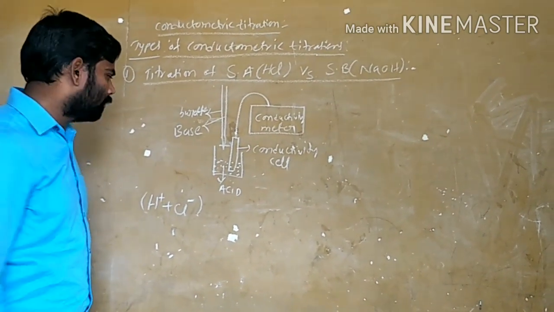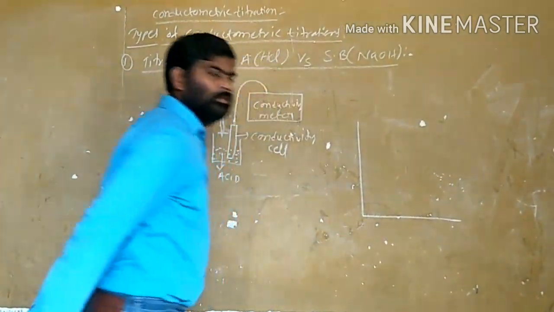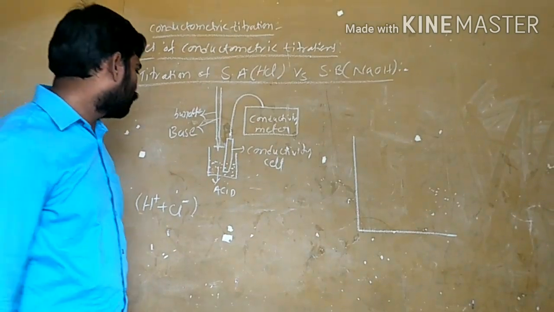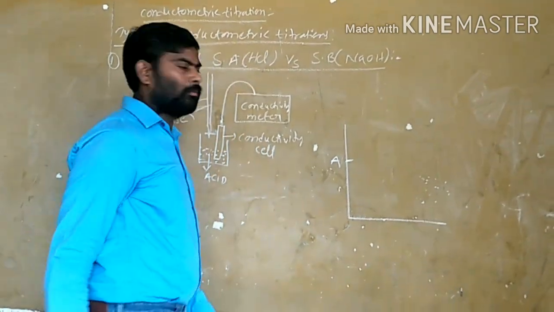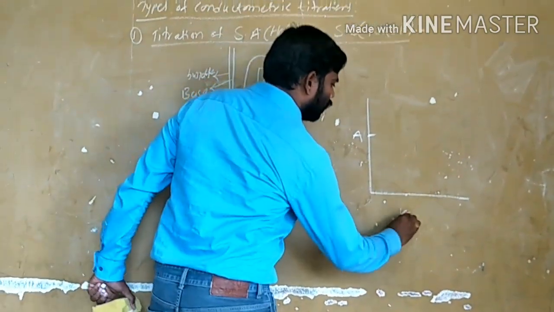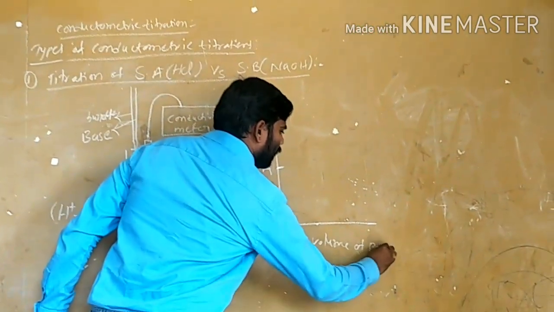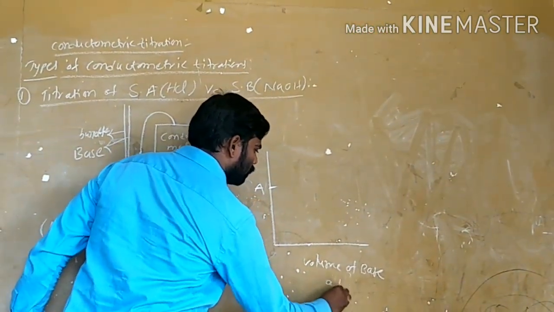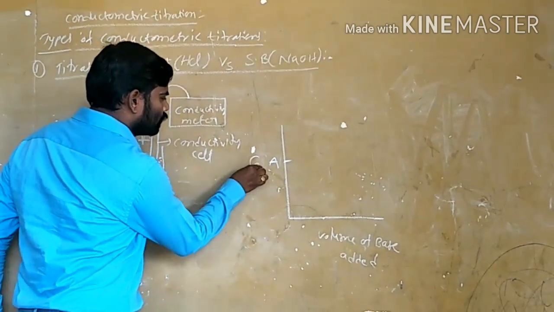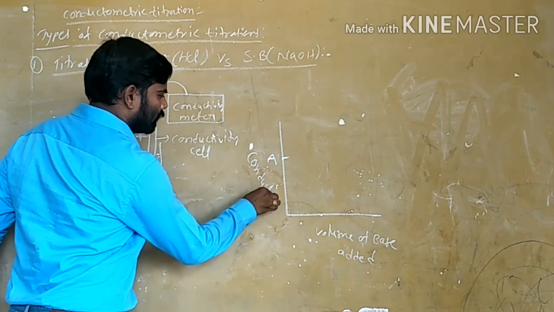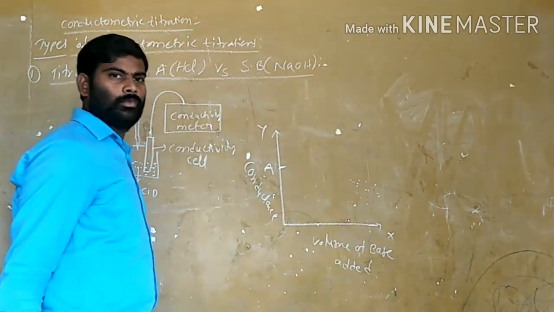This is shown by plotting a graph between the volume of base added on the x-axis and the conductance values on the y-axis.